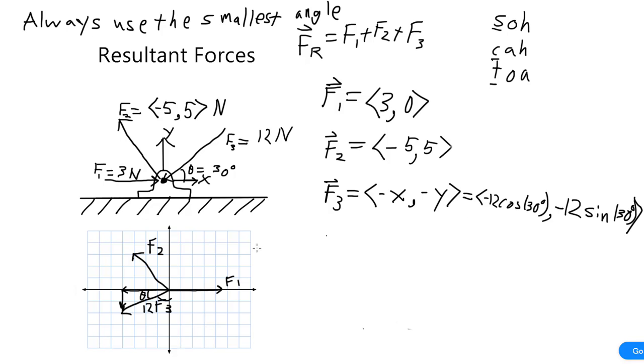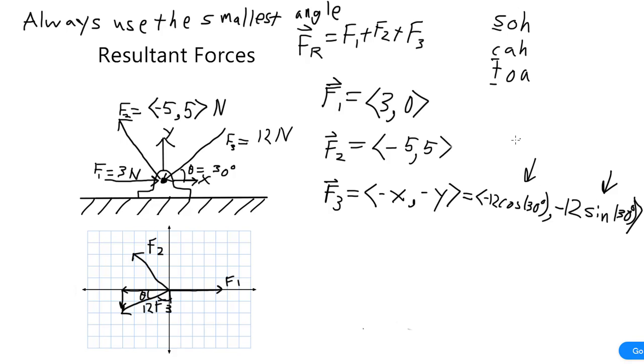If you use this angle right here, technically your opposite switches with your adjacent, so cosine is going to be with the y direction, and sine is going to be with the x direction. But typically cosine is with the x and sine is with the y, but not always. So just always go back to SOHCAHTOA and figure out if it's a cosine or sine.